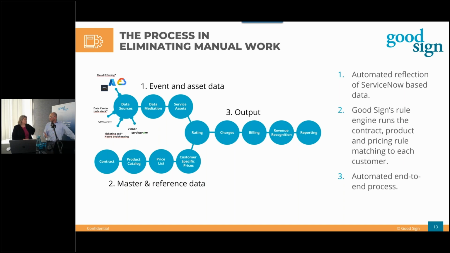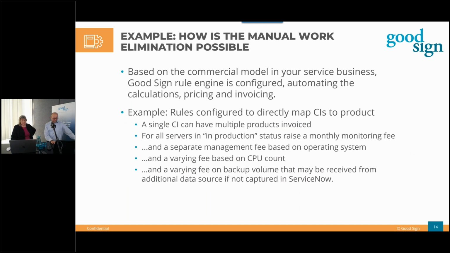Then further examples about the manual work elimination. I think it's a very practical example. I'm going to start with the example that your business might be such that the contracts and the terms are, for every single instance of something, like in this case, I'm using a server as an example.